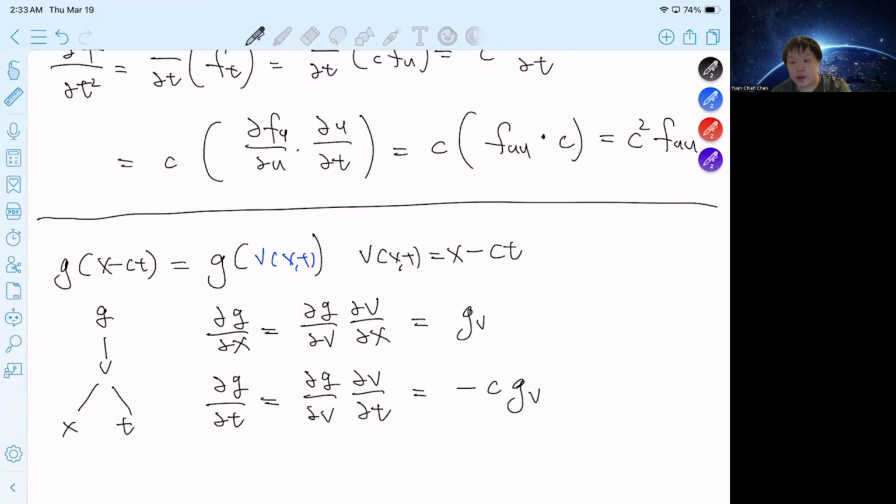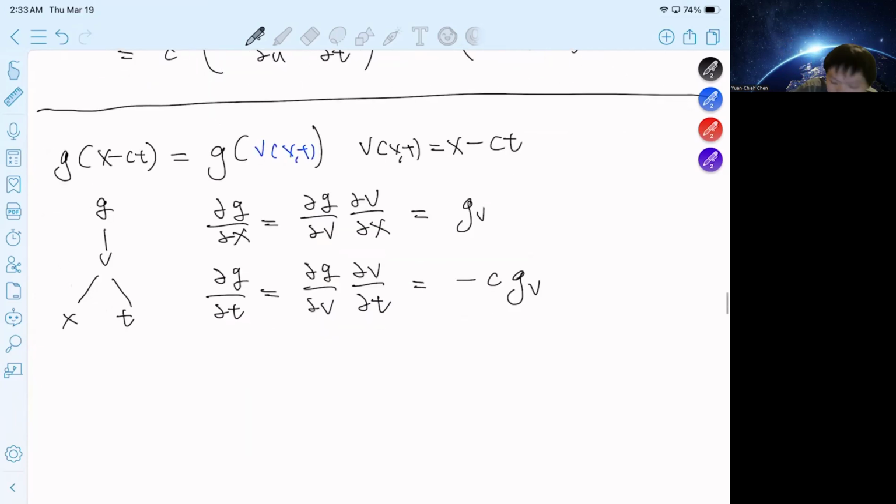So for the second derivative, the dependence chart of gv will still be the exact same thing, so I'll just keep it faster. You can, of course, slow the video down or pause it or try yourself, but I think this is straightforward. So the double derivative, partial squared g, partial x squared.